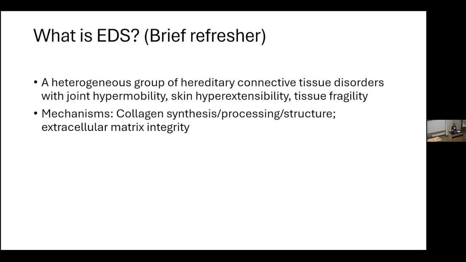It's a heterogeneous group of hereditary connective tissue disorders characterized by joint hypermobility, skin hyperextensibility, and tissue fragility as the major hallmarks. The mechanisms underlying these conditions are in collagen synthesis, processing, and structure, and other molecules that are involved in extracellular matrix integrity.